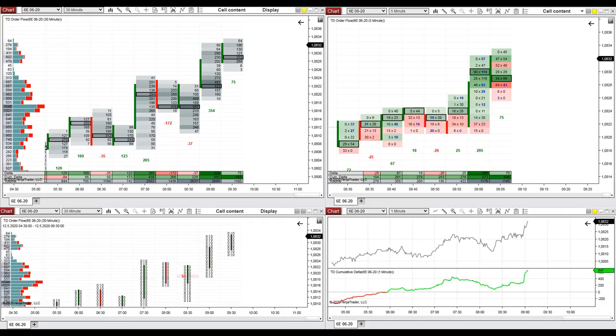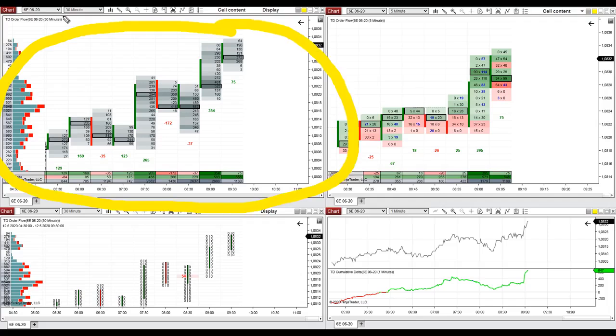So before we actually start with the first example, let me show you an order flow trading workspace which I created. On this chart I use a 30-minute time frame, and I use the volume cell content. Alright, this chart is really important because it sort of shows the bigger picture.